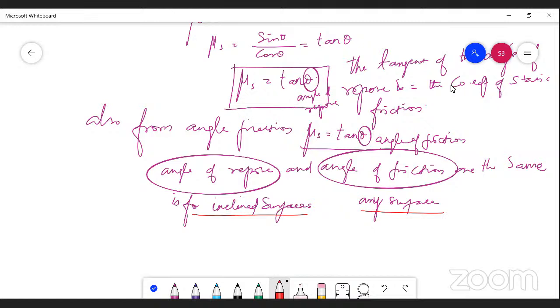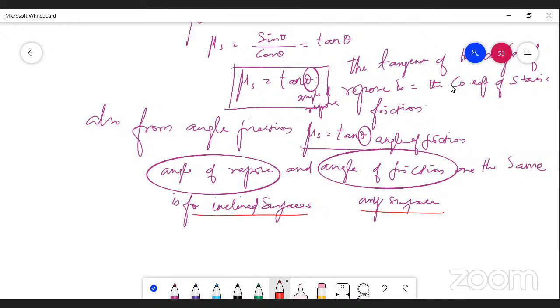So what we are trying to define here is that if an object is placed over an inclined surface, the object will begin to slide only when the angle made by the inclined surface with respect to the horizontal is equal to the angle of repose. You can calculate the angle of repose when you know the coefficient of static friction between the two surfaces. So mu s is equal to tan theta.